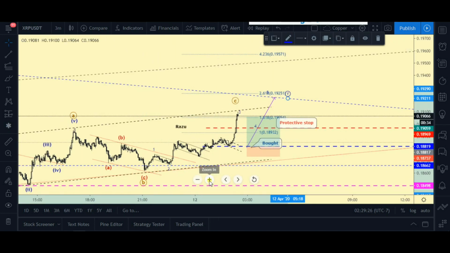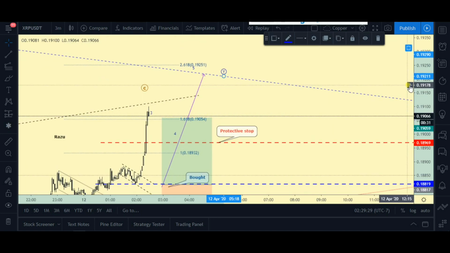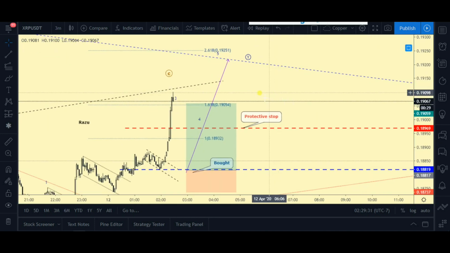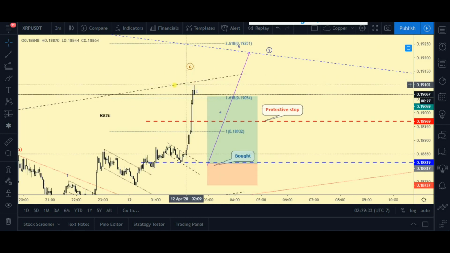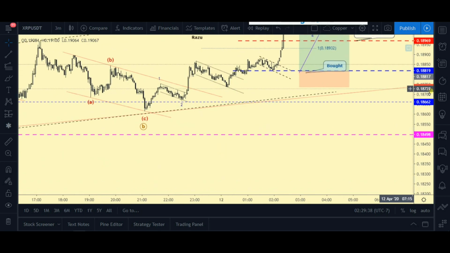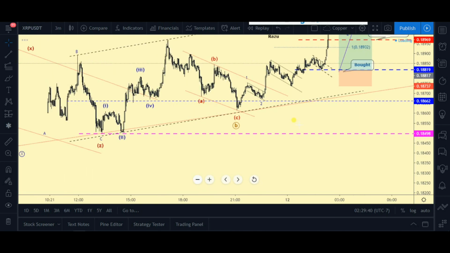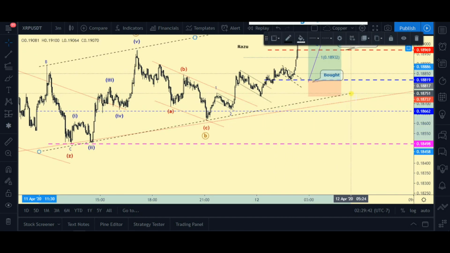So what we can see here is almost it has touched the upper trend line of the channel, but let's see what we can.